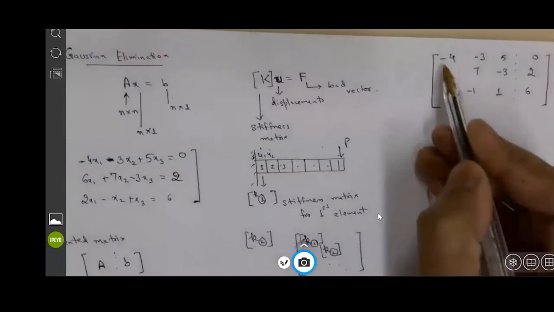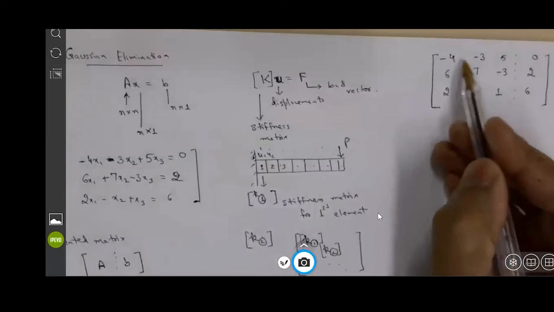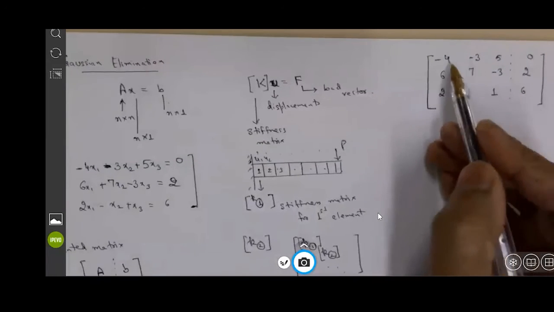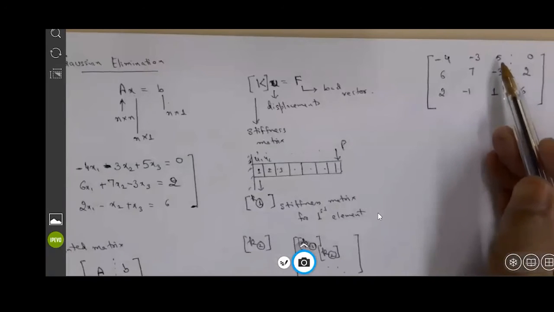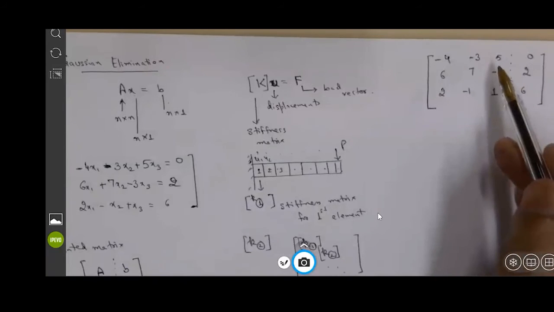The first step is, in each row, what is the maximum absolute value? In the first row, it is 5, right? Is everybody with me?